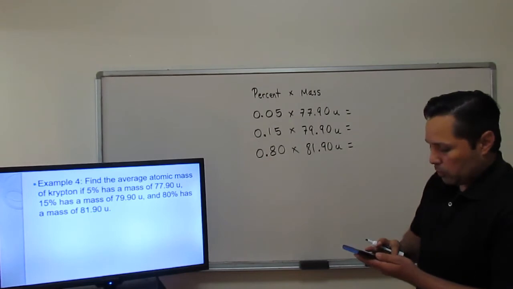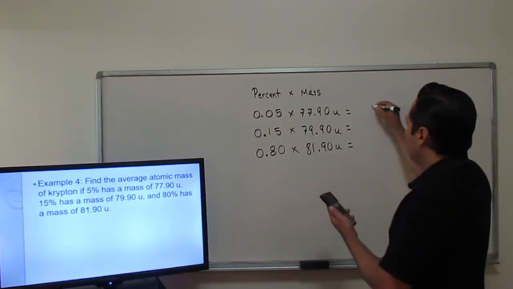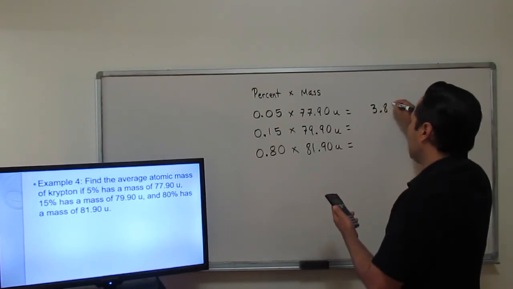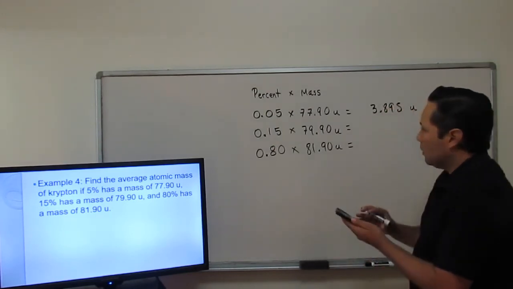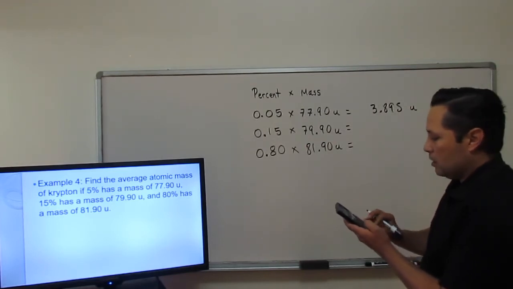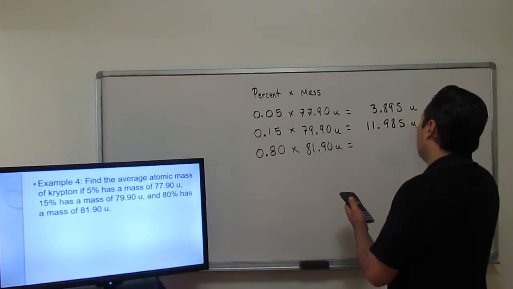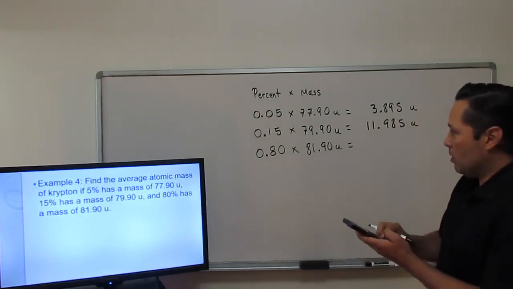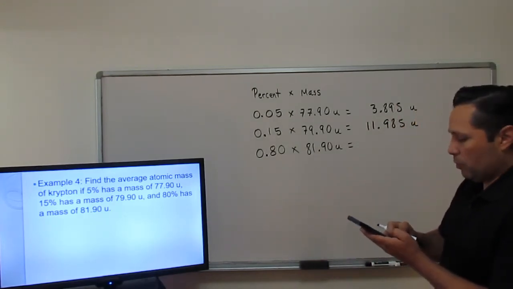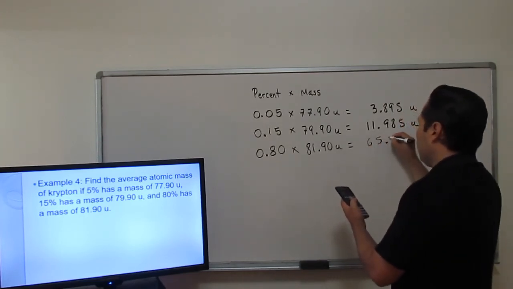So we'll multiply 0.05 times 77.9. It is 3.895. Next one, 0.15 times 79.9 gives me 11.985. And finally, 0.8 times 81.90 is 65.52.